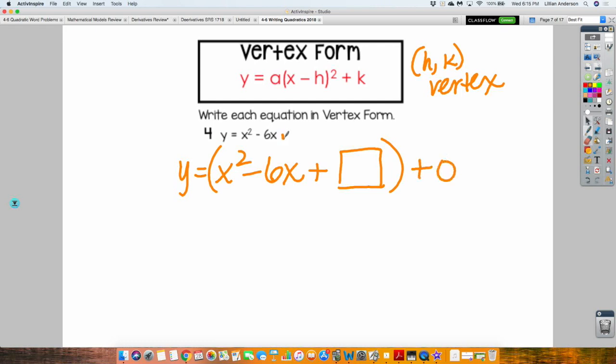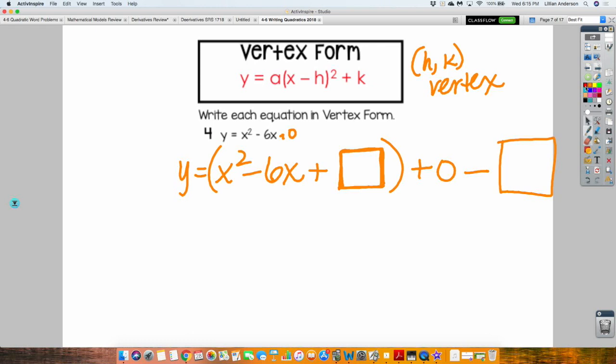So what we actually have to do when we're going from standard form to vertex form is not just complete the square and put the number right beside the x squared plus bx term. We're actually going to also subtract that value from the c term. So the c term doesn't change.